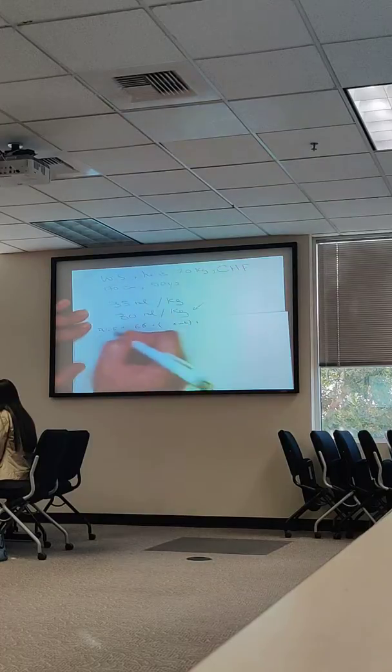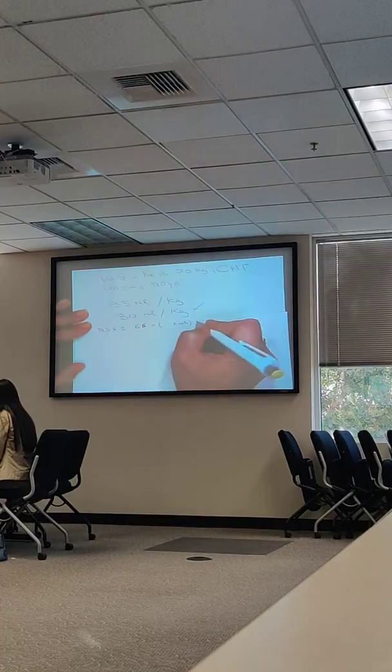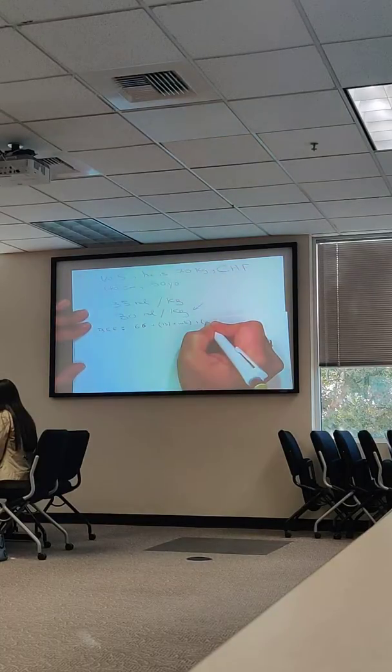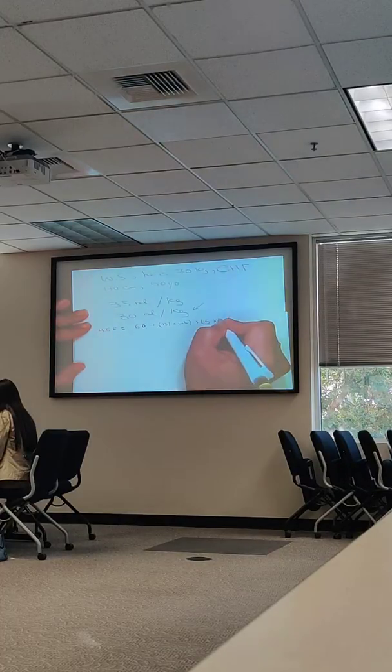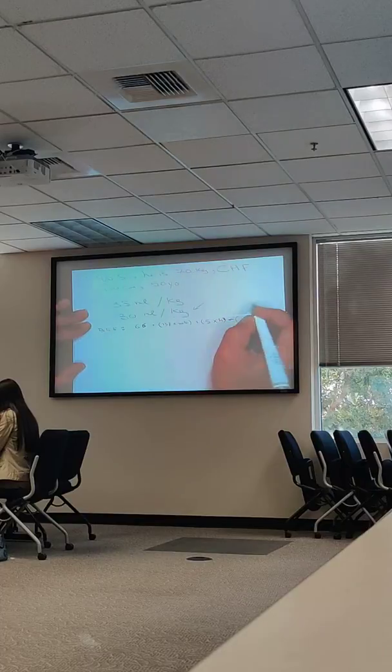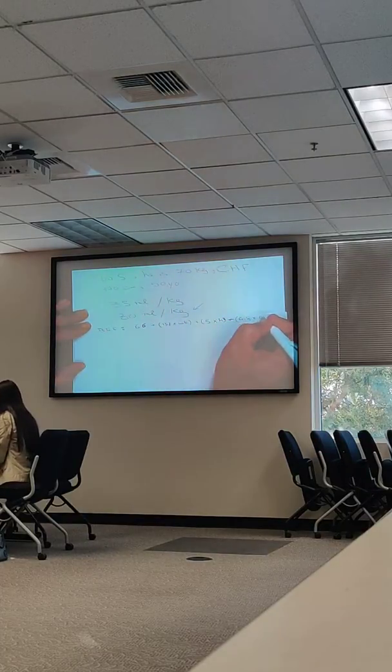So we're using the male equation. 13.7 times the weight, plus 5 times the height, minus 6.8 times the age. Okay, let's do that.